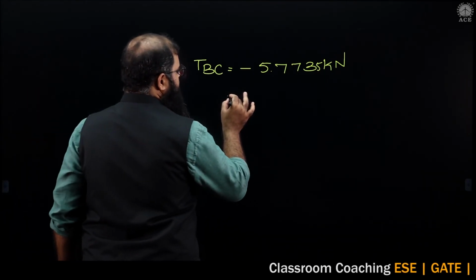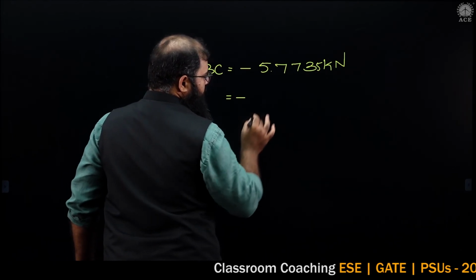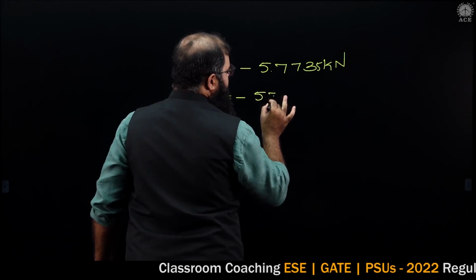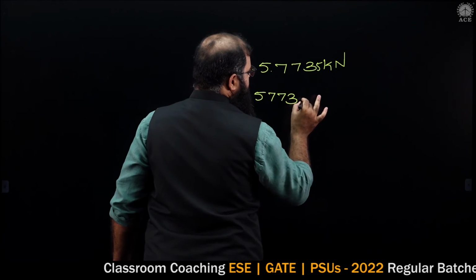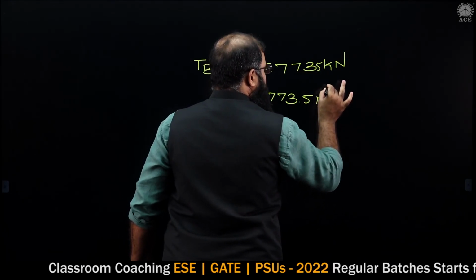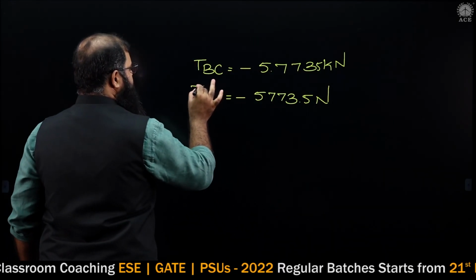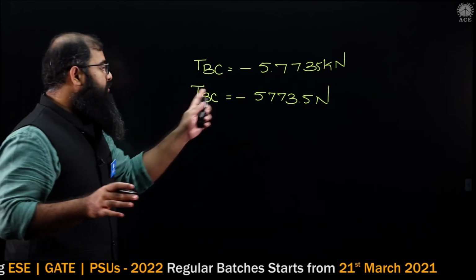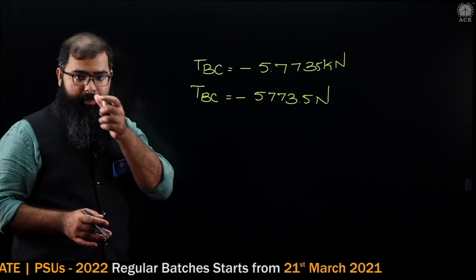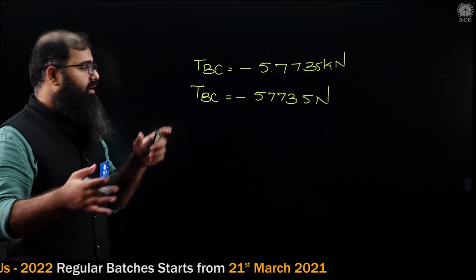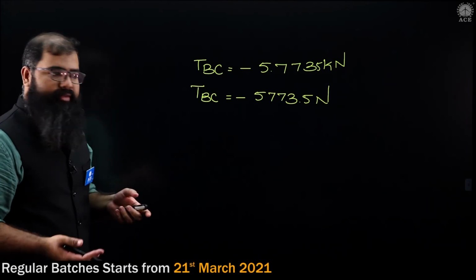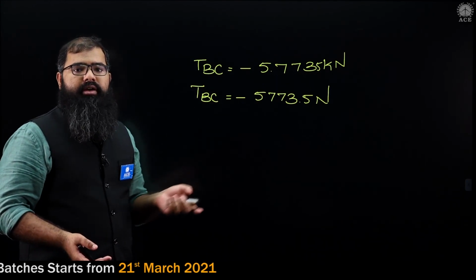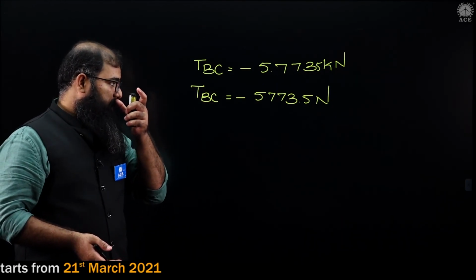Therefore, this value is supposed to be equal to minus 5773.5 newtons is the answer. This is the loading in BC, and minus sign is as important as the number you're writing over here, or probably more important, because that is something which people miss out on. Is it not? Minus sign over here is indicating that the load is compressive in nature.